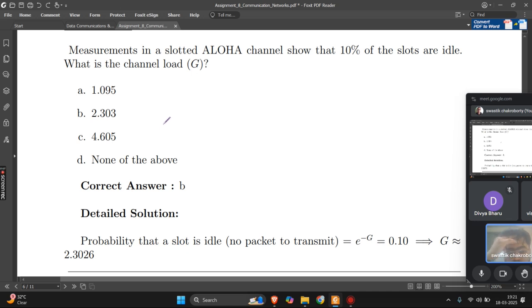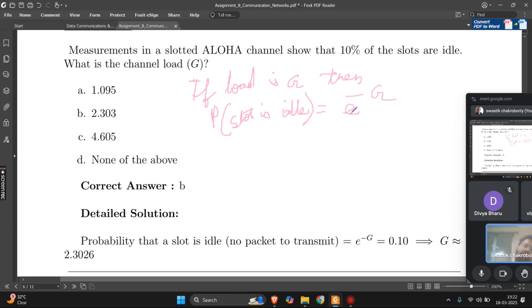This means that if the load is G, then the probability that a slot is idle, that is no one is transmitting, is e to the power minus G. This is given to be 0.1, 10%.